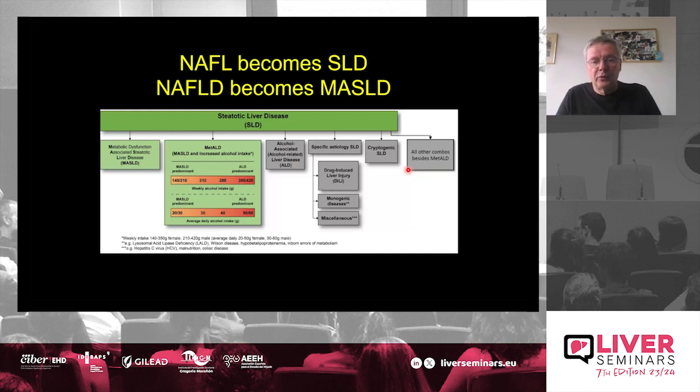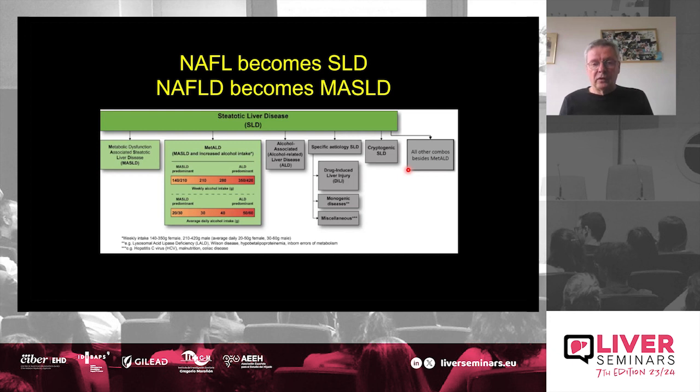Now, I'm sure you all heard about the change in nomenclature where non-alcoholic fatty liver was changed into steatotic liver disease, and NAFLD became metabolic dysfunction associated steatotic liver disease. And I won't go into a discussion of nomenclature. I've not been involved in this.